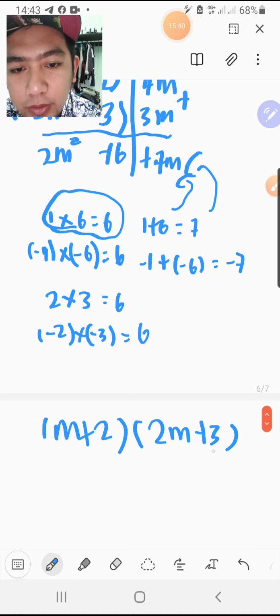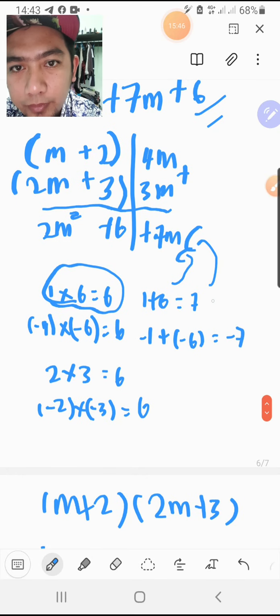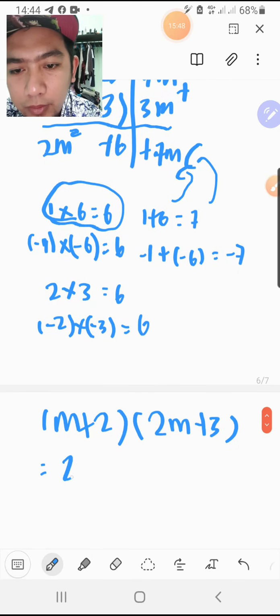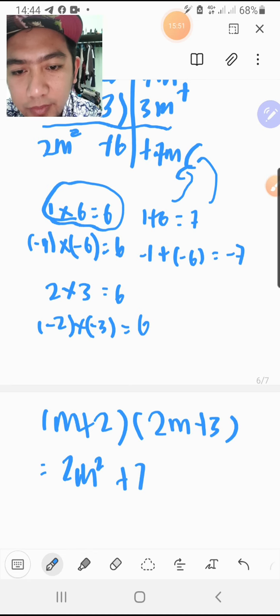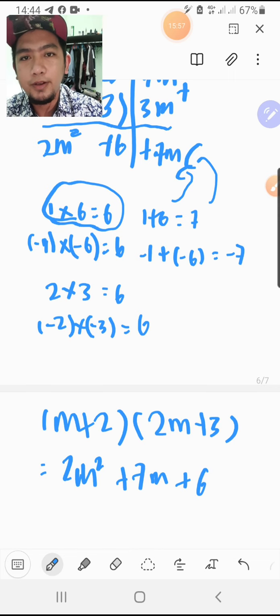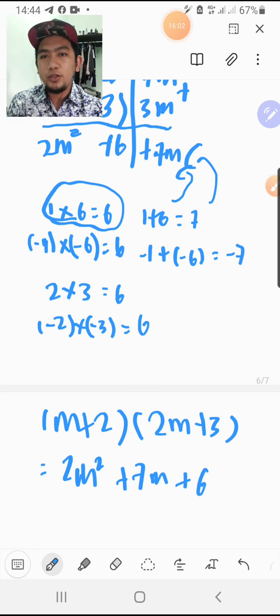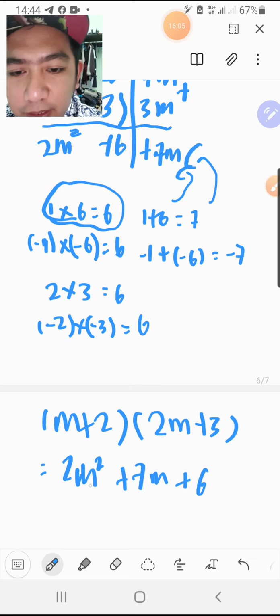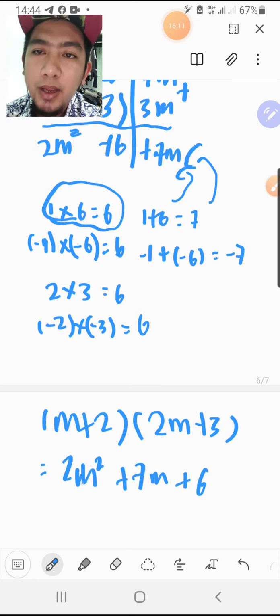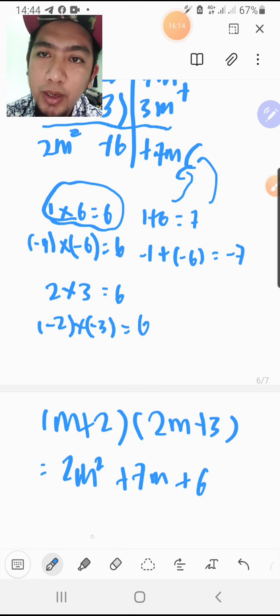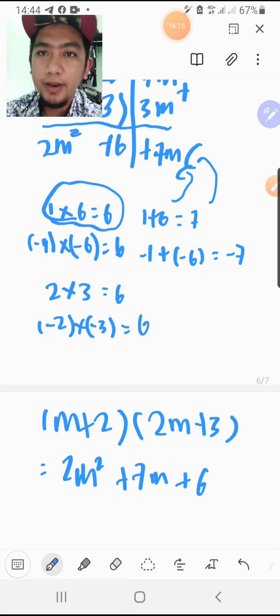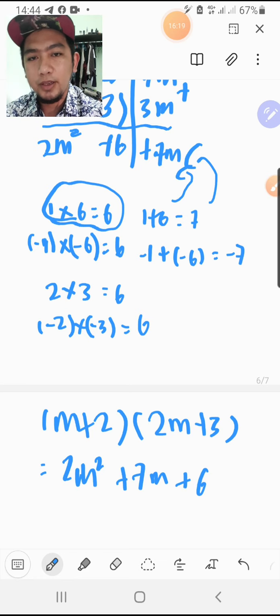Okay, means m plus 2 times 2m plus 3 is equal to 2m squared plus 7m plus 6. Alright. So this is the variation of equation. So don't be surprised. It's not necessarily a single m squared. Maybe here they can put a number in front, 2m squared, maybe negative 2m squared, negative 4m squared. So you have to be good at manipulating the equation. Okay.